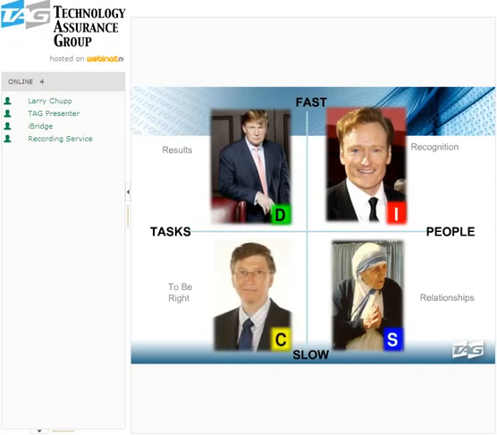Okay, again, just to reiterate this, the high S wants harmony in the workplace. That's what they strive for. The high D wants just results. The recognition side is the high I, and the high C wants to be right all the time, and they pride themselves on that.